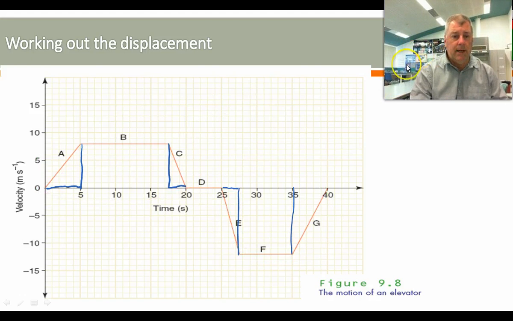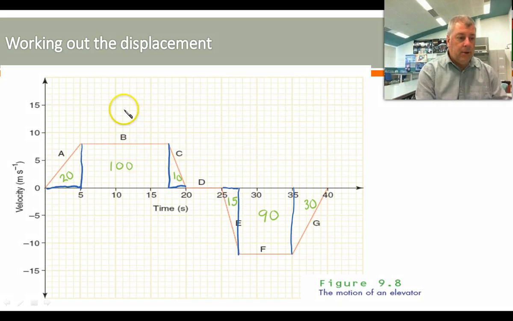What else could we be asked? Well, there they are there. Luckily I've calculated them for us. And so actually let's work this out whilst we're here. So our positive displacement is going to be 20 plus 100 plus 10, which is 130 meters.